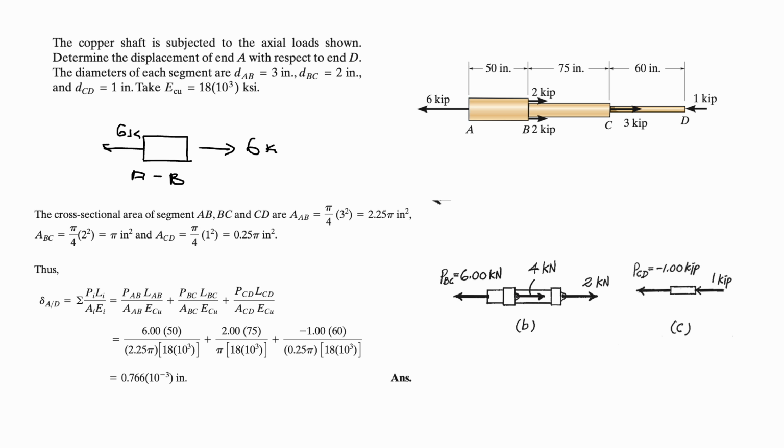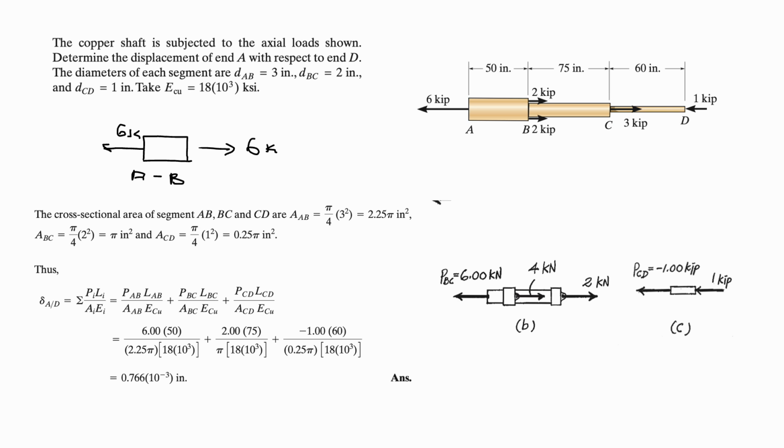That means it is positive. Firstly, we need to find the area for each segment. For segment AB, we have diameter squared times pi over 4, which is 3 squared times pi over 4. That will give me 2.25 pi inch squared. Between B and C, it will be 2 squared times pi over 4. And between C and D, we have 1 squared times pi over 4, which will give me 0.25 pi inch squared.